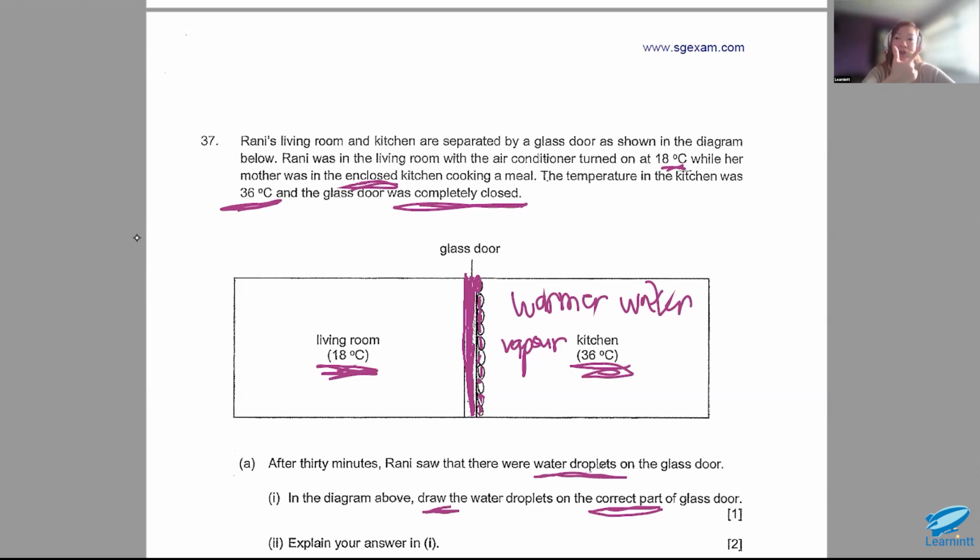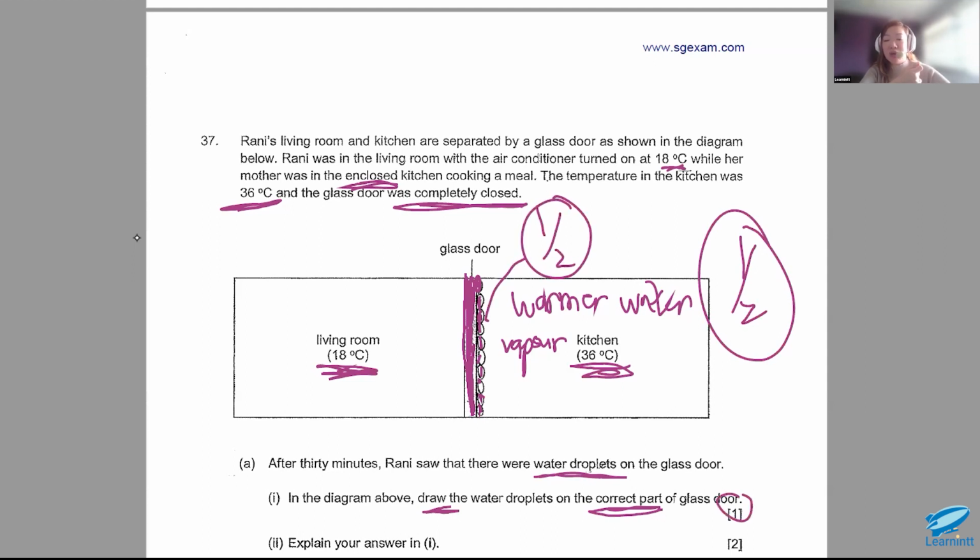So we figure out these two parts. Cooler surface is the glass door, warmer water vapor is from the kitchen. And that's where we get our mark. Figuring the whole thing out, half mark. Drawing the water droplets, another half mark. In total, 1 mark. Done.